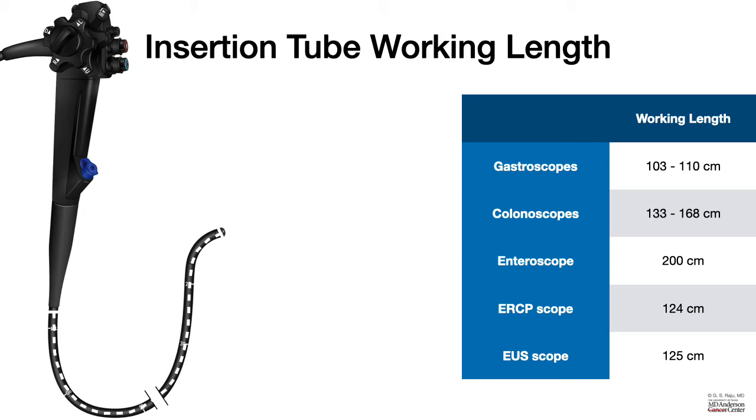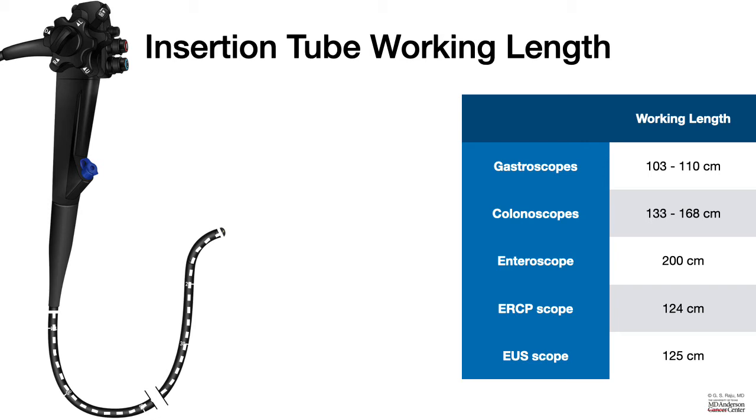So say for example, you have a patient with a very long stomach and your gastroscope is not able to reach into the distal portion of the duodenum. You could use a longer instrument, either a colonoscope or an enteroscope.